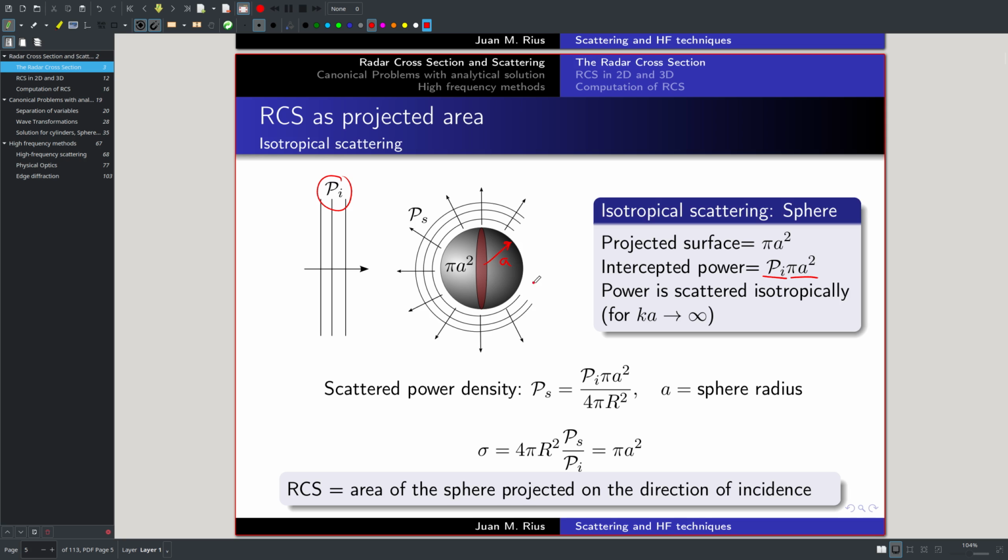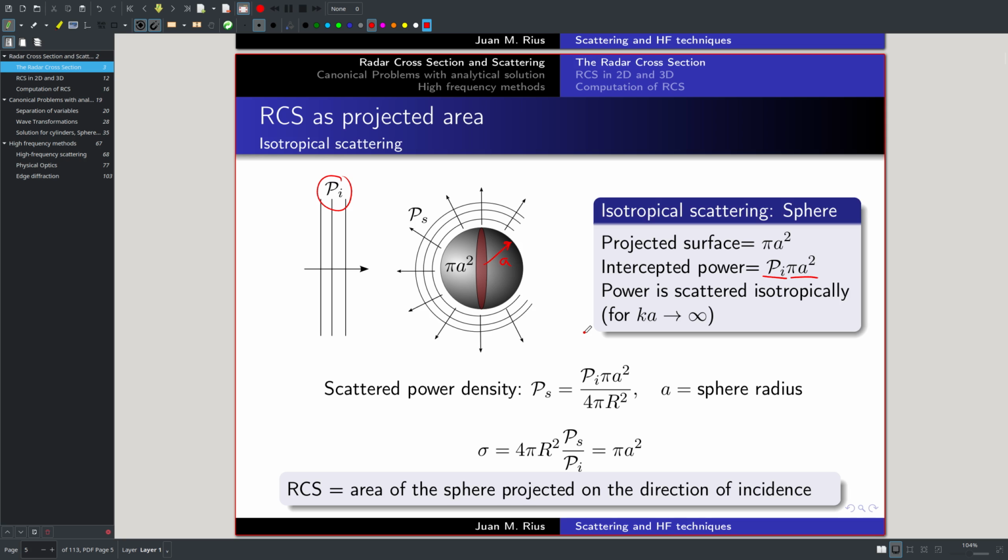The sphere really scatters power isotropically for a radius of the sphere that is very large compared to the wavelength. We will see this later in the part of this chapter dedicated to canonical solutions. We will obtain the analytical solution of the scatter fields for the sphere, and we will see that it is almost isotropical for very large sphere radius compared to the wavelength.